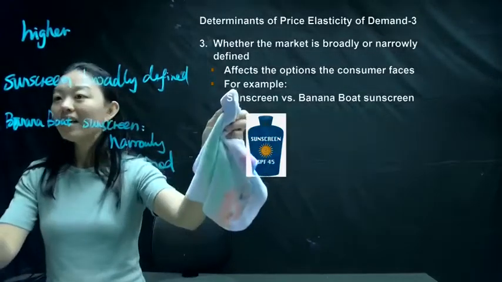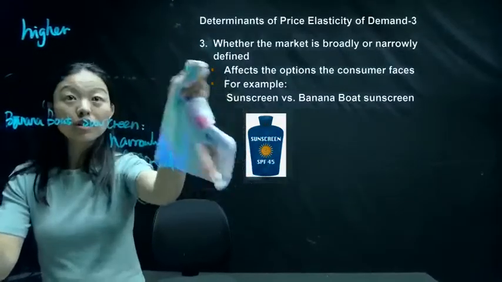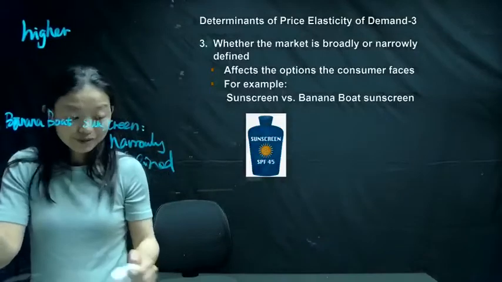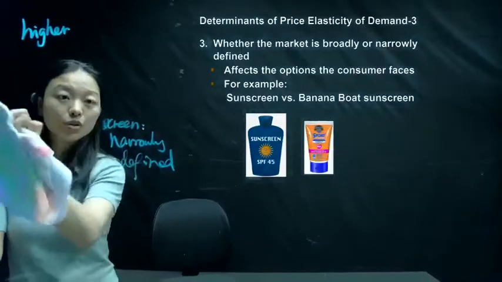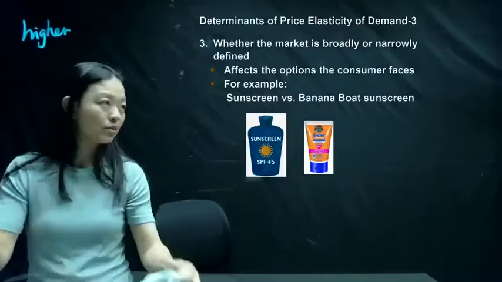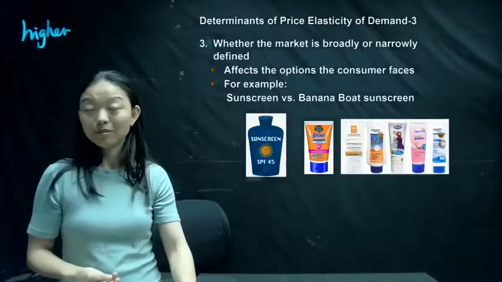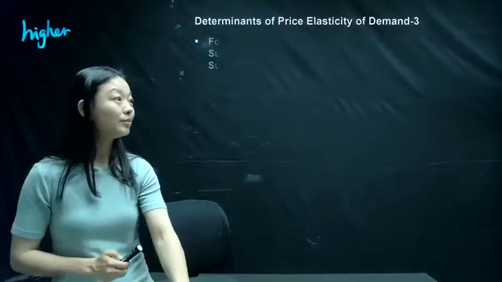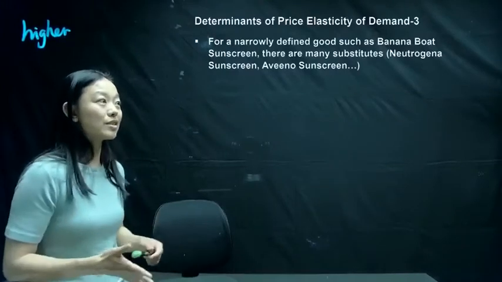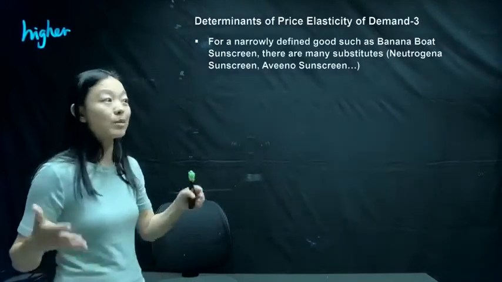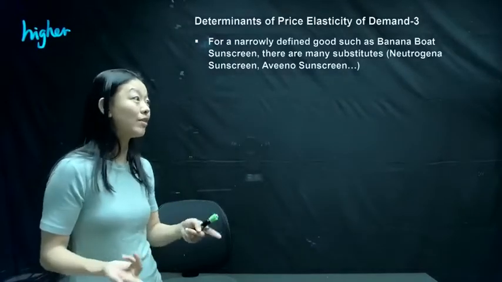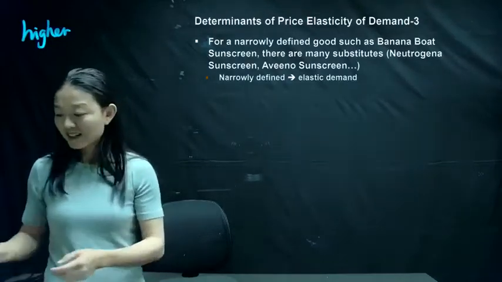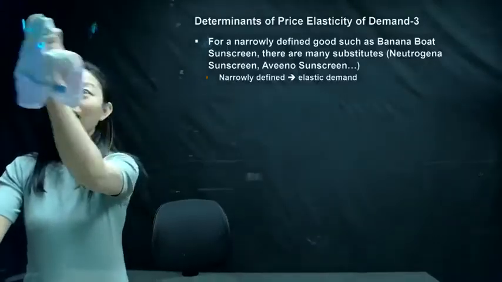However, if Banana Boat sunscreen's price increases, do you think consumers can switch to another brand of sunscreen? Of course, we can switch to buy sunscreens from other companies, right? Maybe from Aveeno, maybe from other companies, right? Therefore, for narrowly defined goods such as Banana Boat sunscreen, there are many substitutes like Neutrogena sunscreen and Aveeno sunscreen, right? So narrowly defined means the price elasticity will be elastic, okay?